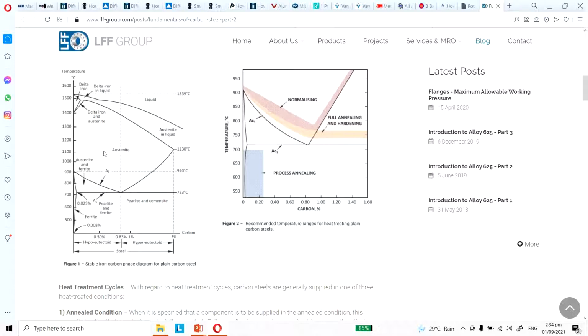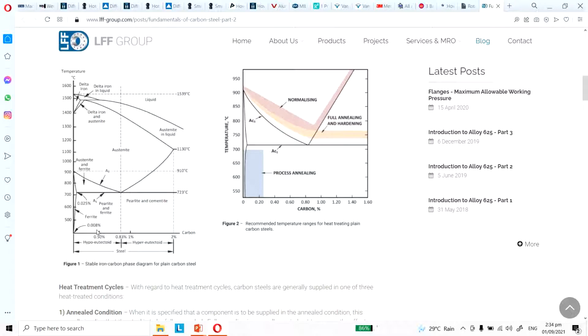So that means the microstructure would be different from when it is at room temperature, right? But it has an effect if I heat it up and then rapidly cool it down, so somehow it changes the microstructure.